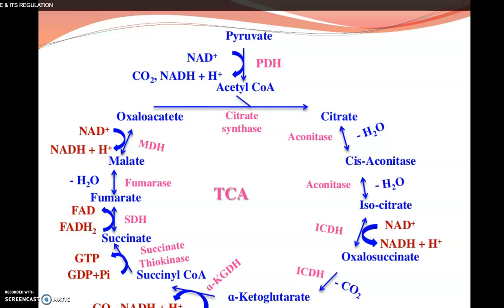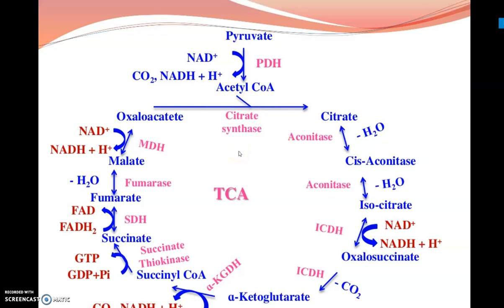Okay, so if you see this pictorial form of Krebs cycle or tricarboxylic acid cycle, you can see this pyruvate. Now from where is this pyruvate coming? Yes, you're right, it's coming from glycolysis. Now what's happening to the pyruvate, it is converting into acetyl-CoA, and from here in the glycolysis metabolic pathway we just write acetyl-CoA is entering into Krebs cycle or TCA cycle.